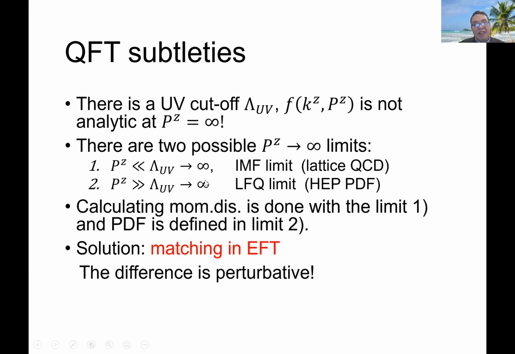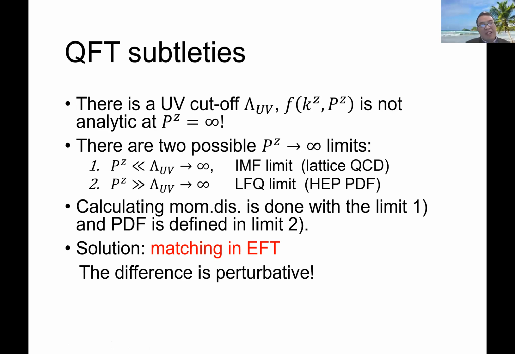One limit is where the momentum is much less than the cutoff of the theory. That is a limit you can actually do in lattice QCD. However, partons live in a different limit, when the momentum of the system is much bigger than the UV cutoff. That's where you have partons. And the difference between these two limits can be bridged by QCD perturbation theory.